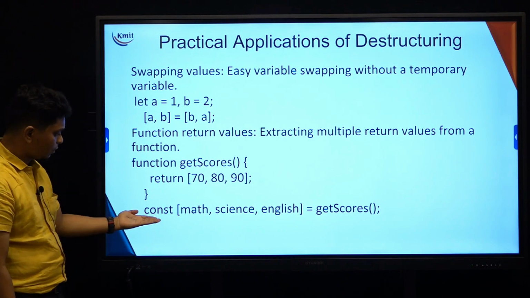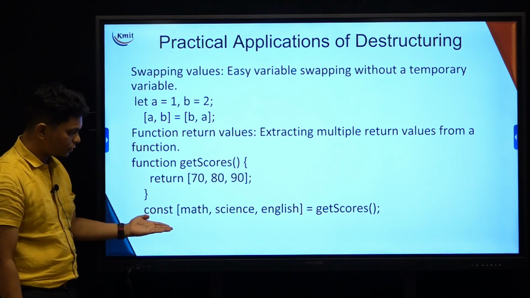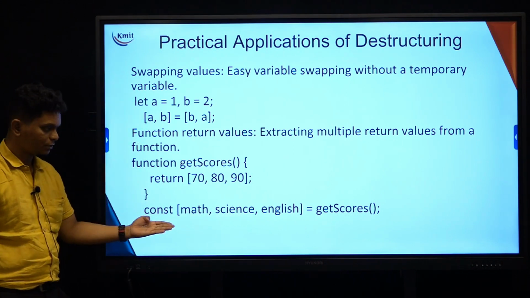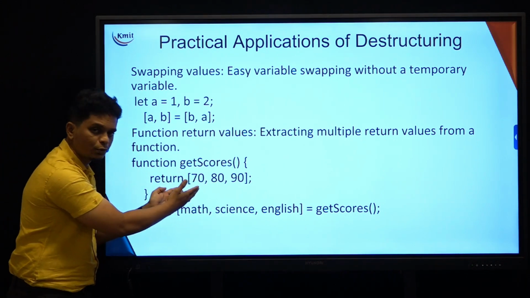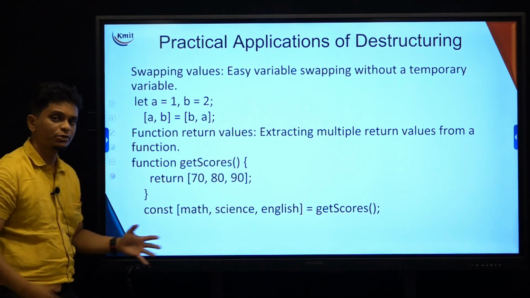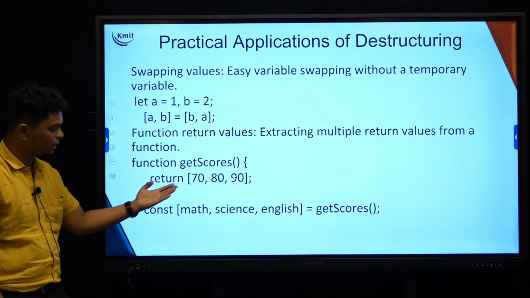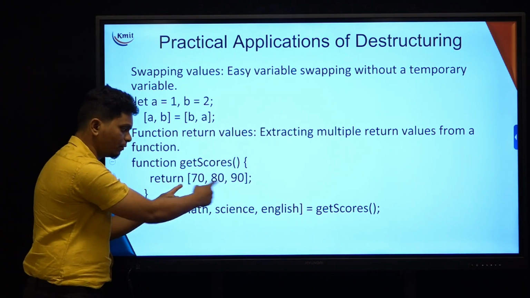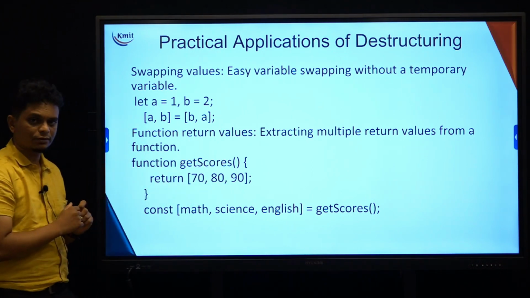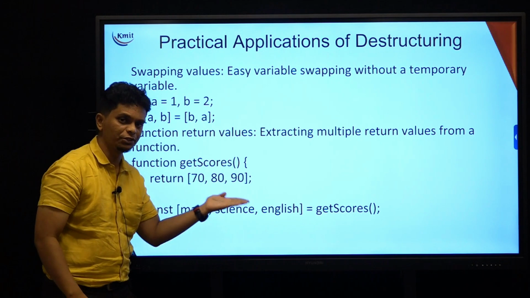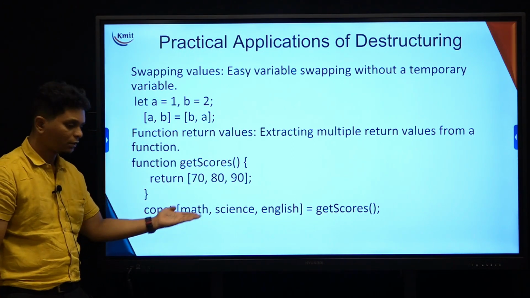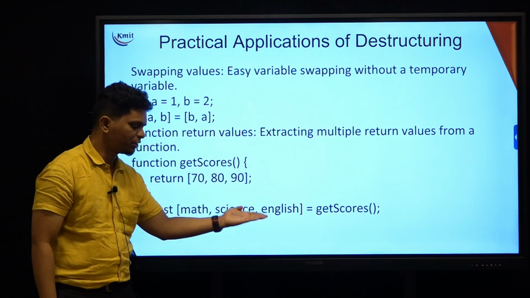So here I have used const followed by these different variables, and I want these values to be placed in these variables respectively. Okay, and that can be done. Again, I placed these three different values in square brackets, and that itself does the destructuring process. And 70 is placed in math, 80 is placed in science, 90 is placed in English.